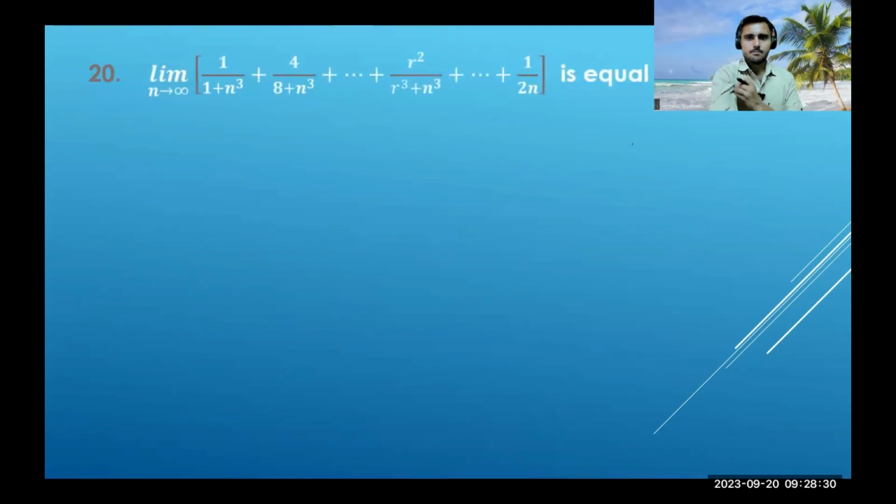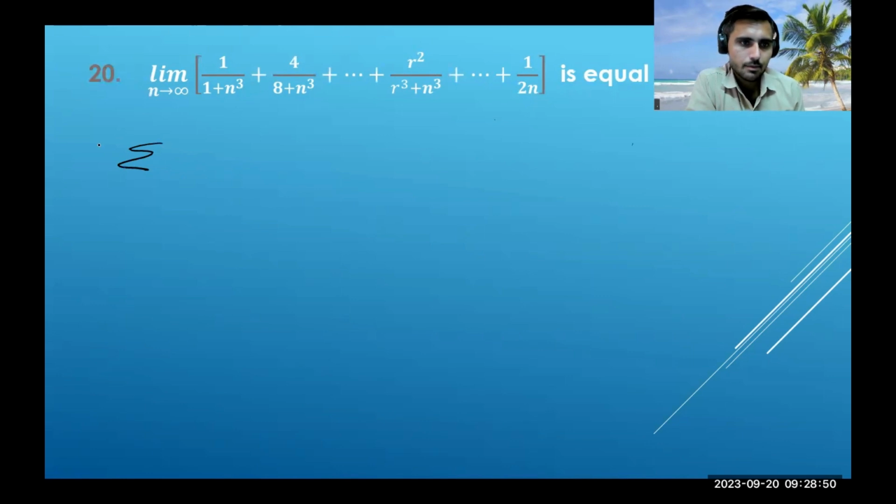Question number 20. We need to apply some theorem in this question. So what we'll do, we'll write in summation form first. In summation form, n equal to 1 to infinity, we can write in this form, right?